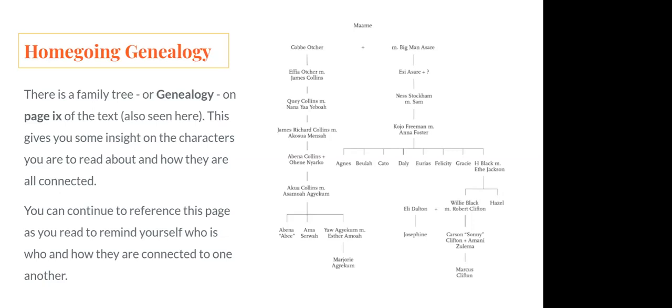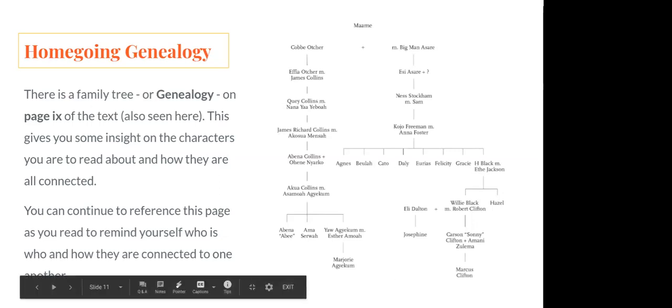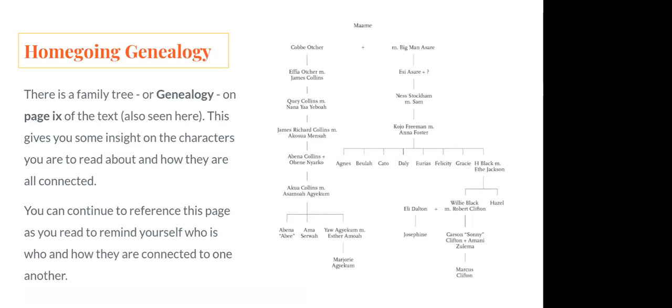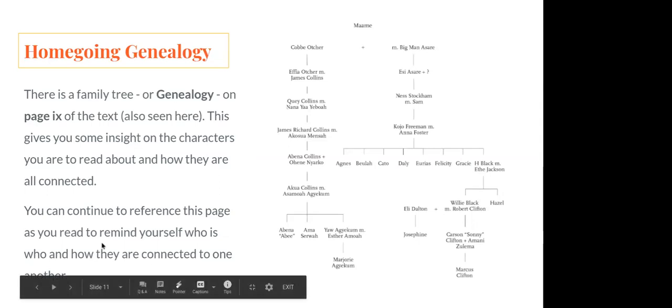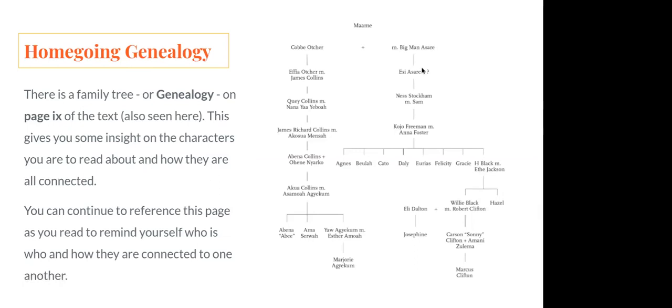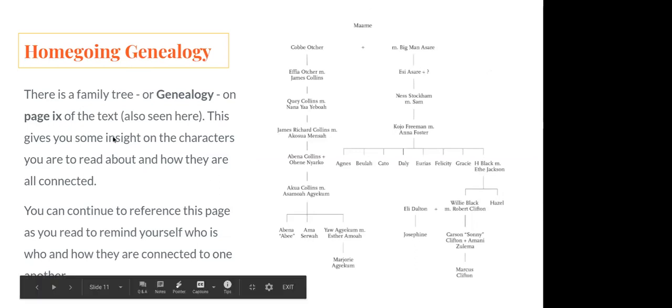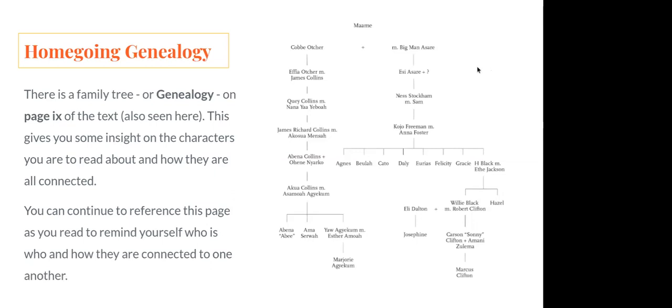The point of all this is that in the story we're going to read, Homegoing, there's a family tree or genealogy on page IX of the text, which is also seen right here. This gives you some insight into the characters you're about to read about and how they're all connected. You continue to reference this page as you read to remind yourself who's who and how they are connected to one another. This is something in the book we will be coming back to quite a bit because the story is told through different characters' perspectives.